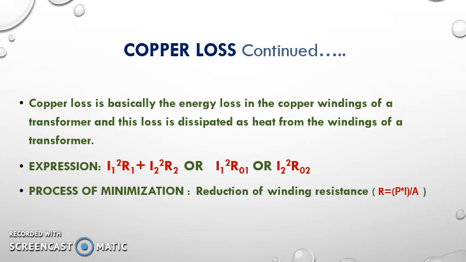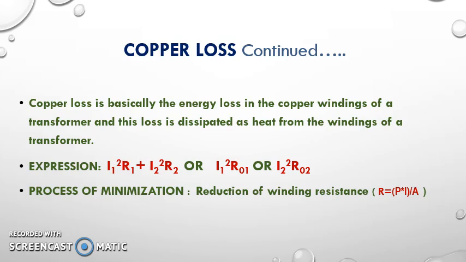The resistance of the primary winding is denoted by R1 and the resistance of the secondary winding is denoted by R2. And I1 and I2 are the primary current and secondary current.